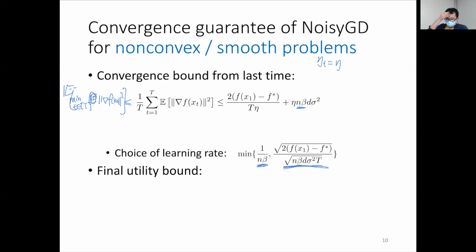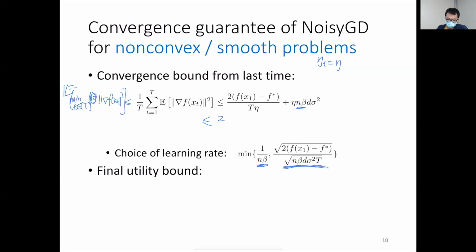Okay, so what's the kind of bound that we'll get? Since this is the minimum of these two, we'll bound the first and second term by substituting this learning rate into it.